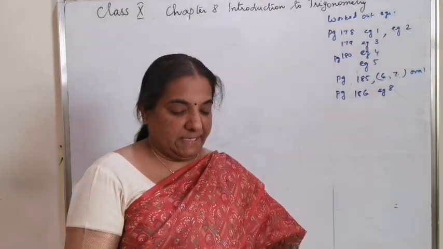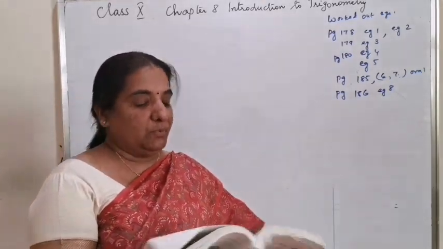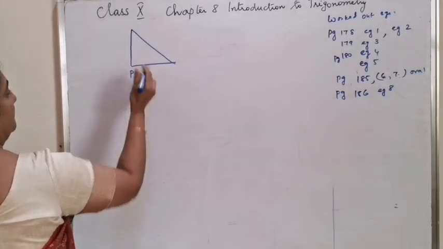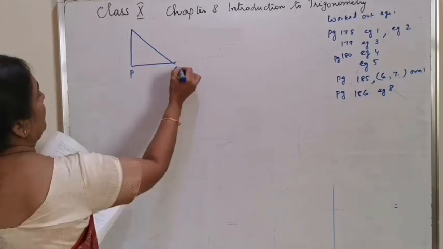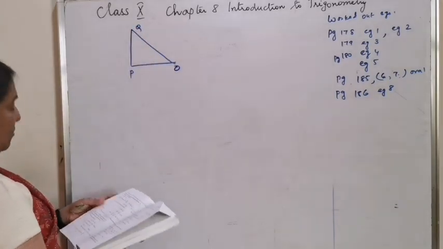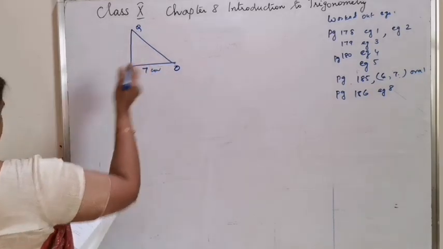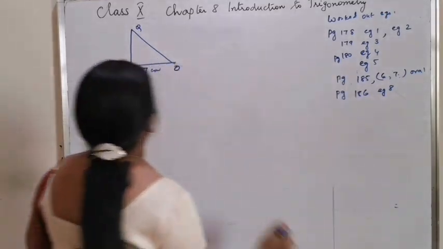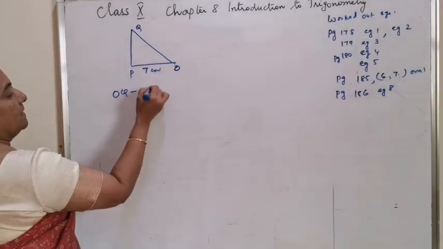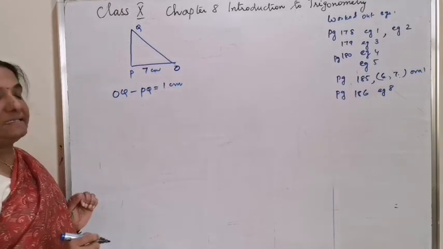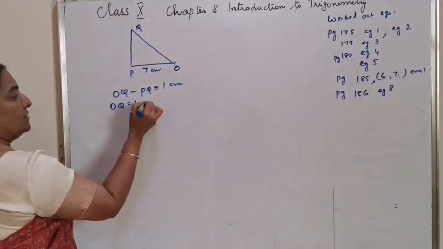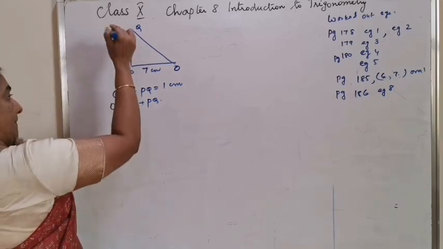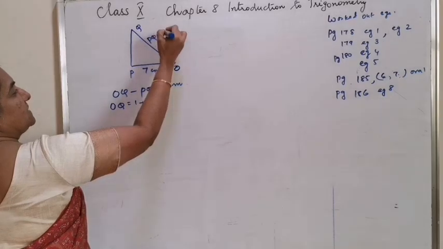Page 180, example 5. In triangle OPQ, right angled at P, OP is equal to 7 centimeter and OQ minus PQ is equal to 1 centimeter. That means OQ is equal to 1 plus PQ. You can take it as such for simplification. OQ is equal to PQ plus 1.